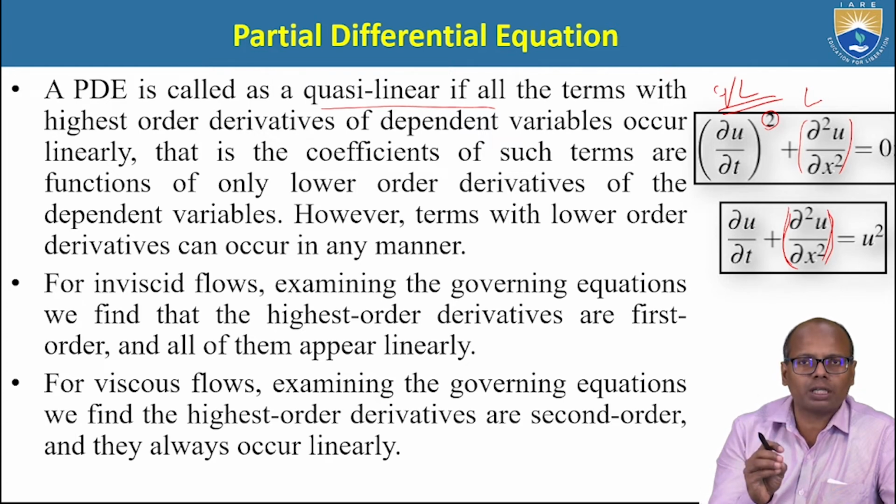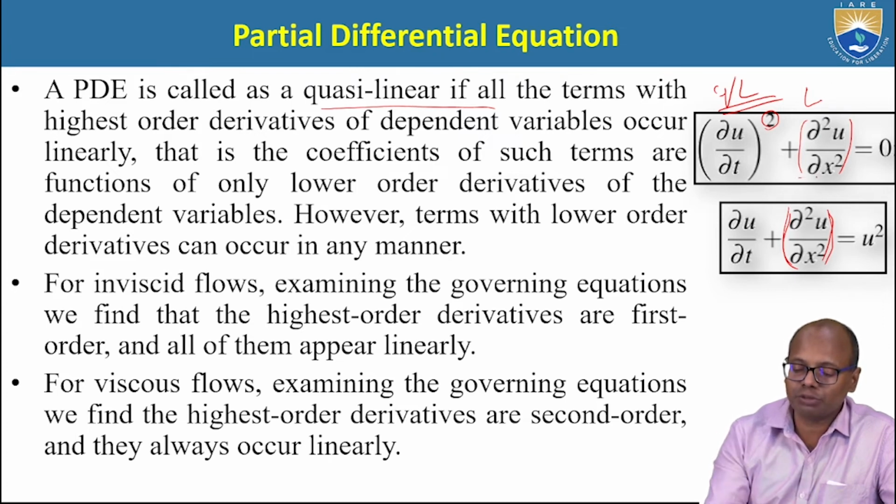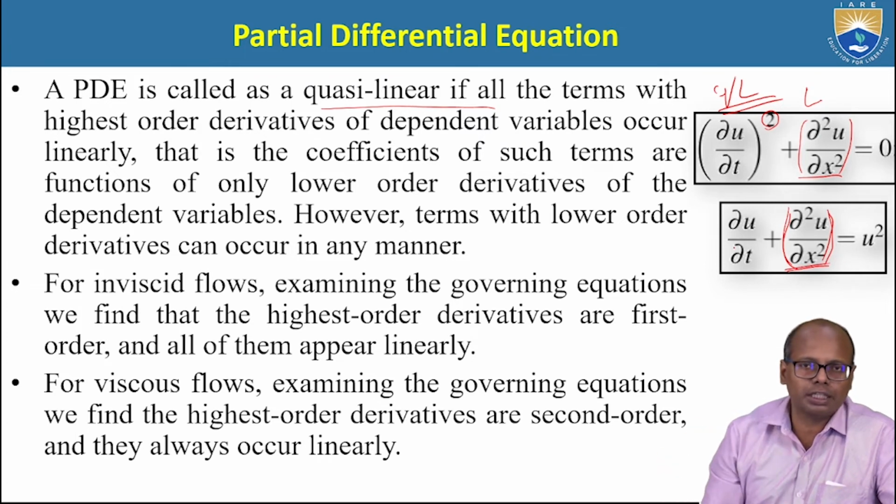If the remaining partial differential terms have a degree more than 1, it doesn't matter. For quasi-linear partial differential equations, the condition is that the highest derivative must be linear. Okay, the highest derivative must be linear, and the remaining terms can be non-linear.